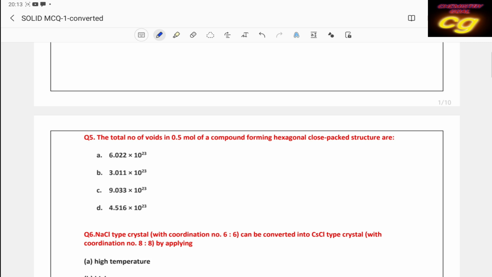We know in the hexagonal close packed structure, that is the CCP close packed structure, we have to find the total number of voids in 0.5 mole of compound. 0.5 mole means how many particles? 0.5 into 6.022 into 10 to the power 23, that is equal to 3.011 into 10 to the power 23. This is the number of atoms.